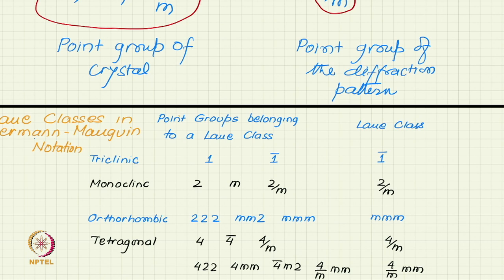In the orthorhombic, 2 2 2, mm2 and mmm, if I add a center of inversion to any of these, it will become mmm. So, they belong to a single Laue class mmm.